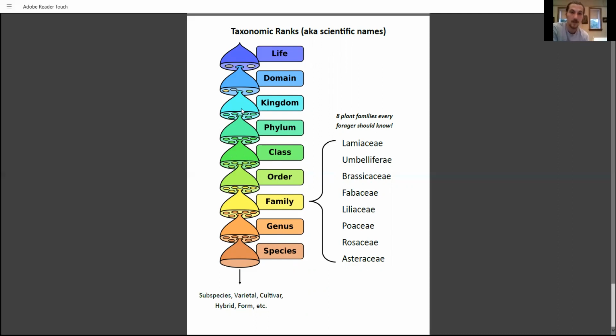And so each time we're getting successively more specific, but we are nested within the larger grouping above that we already classified. The standard way within the scientific community that we name organisms, the fancy way we would say it, is binomial nomenclature, which basically just means two names. And the two names are the genus and the species.